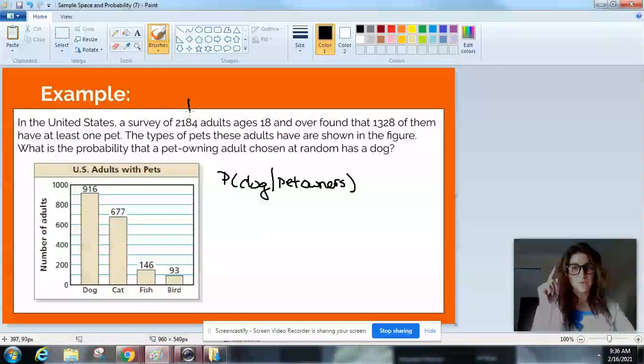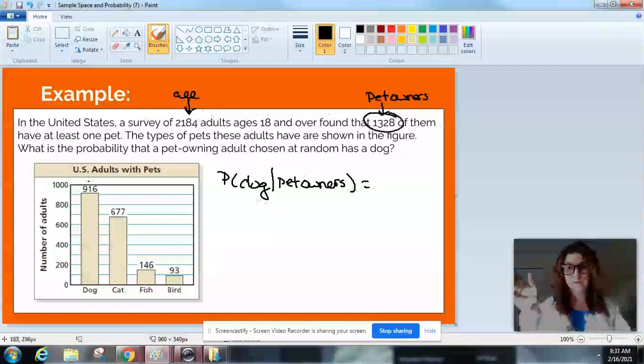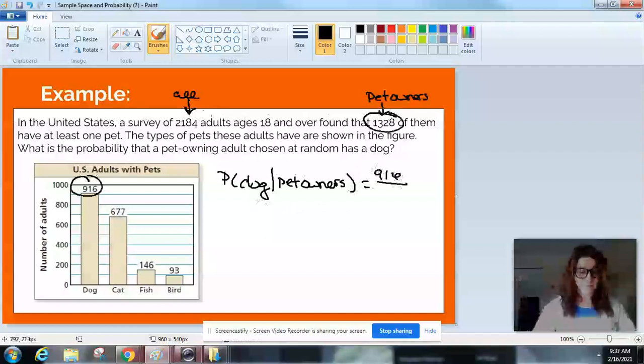So one total is everybody. The second total is pet owners. So out of that 2,184, not everyone owns a pet. So I don't want to use that total. I want to use the 1,328. So the number of dog owners is 916 out of the total number of pet owners, which is 1,328.